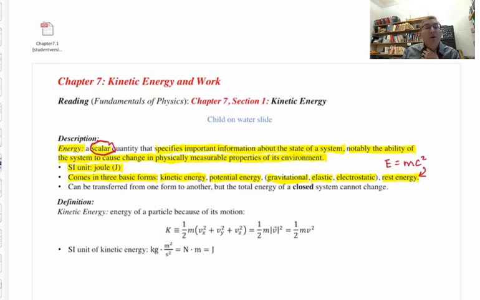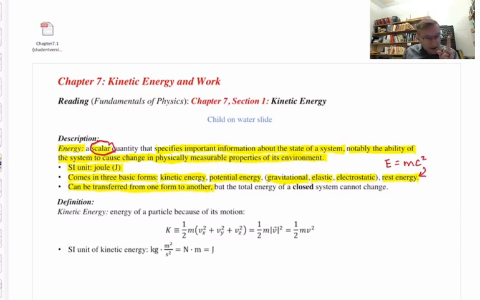Here's something else to know about energy, this scalar quantity called energy. It's got these three basic forms, and the energy can be transferred from one form to another. As far as we're concerned in this class, the transformation will be between kinetic and potential, those two forms. Okay? Kinetic and potential, back and forth. Transfers can happen. Here's an important experimental fact that we've learned from many, many, many experiments over hundreds of years.